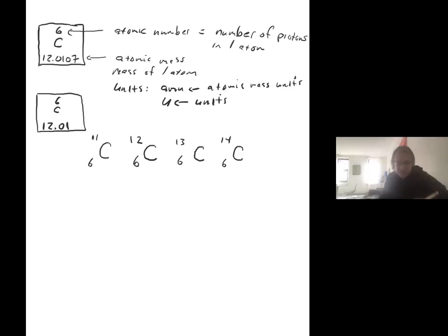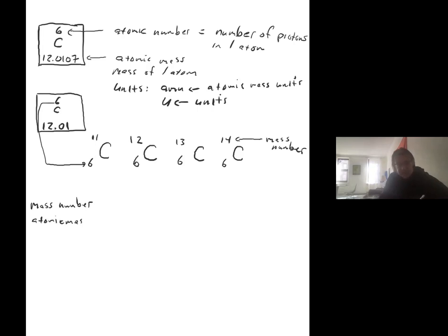So they all have the atomic number, right? The atomic number, when we write it this way, is written down at the bottom. And then we said the number at the top is the mass number. Okay, so this is easy to get confused. There's the mass number, but then there's also the atomic mass.